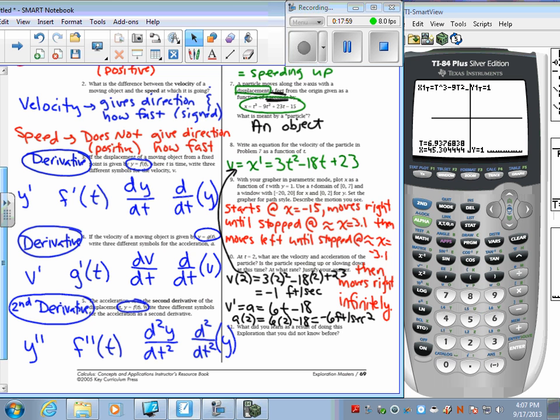At what rate? And justify your answer. So all I really need to care about are the signs. The velocity is negative at this time, which means the object is moving backwards. The acceleration is negative, which means it's also trying to take the object backwards, which means this thing is speeding up at t equals 2.